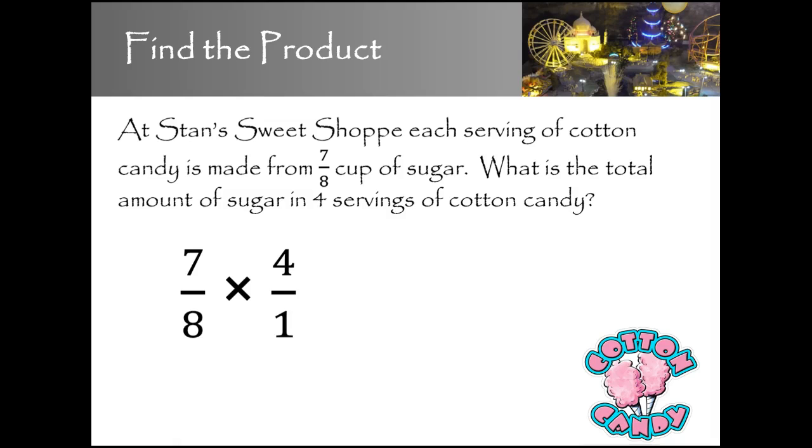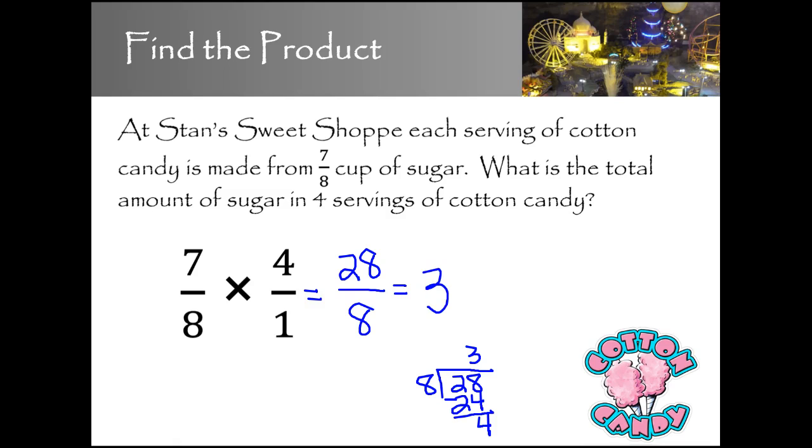7 times 4 is 28, and 8 times 1 is 8. However, we don't want to leave this as an improper fraction, so we can figure out how many times 8 will go into 28. 8 goes into 28 3 times. 3 times 8 is 24, and that leaves us a remainder of 4. Therefore, we'll write 28/8 as 3 whole cups and 4/8.